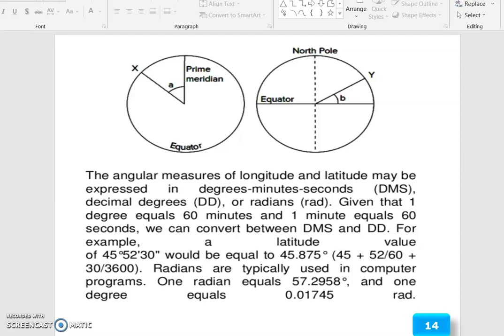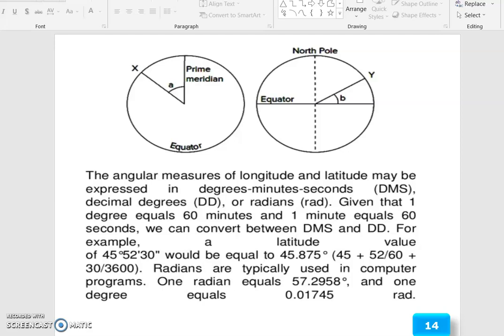For example, a latitude value of 45 degrees 52 minutes 30 seconds would be equal to 45.875 degrees, that is 45 plus 52 divided by 60 plus 30 divided by 3600.